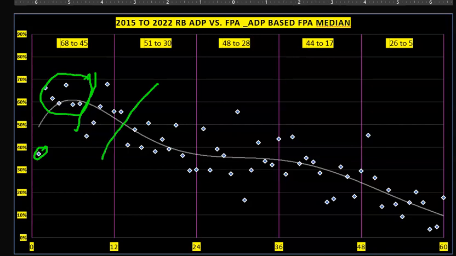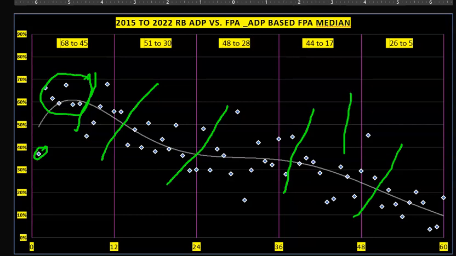It drops about right here. You got 1 area, 2, and then maybe right in here. And boy, look at this slide. This is definitely, look at this slope.